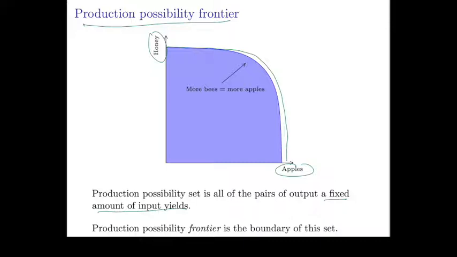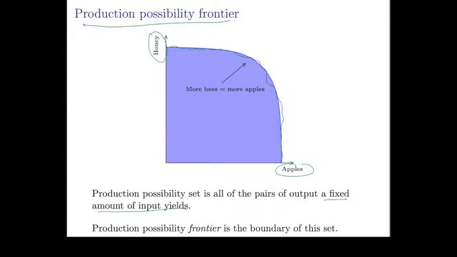So we're going to look at this edge here. We call that, economists like to use the word frontier to describe what's on the boundary. So the production possibility frontier is this boundary of all the things that are possible to produce using these fixed inputs.